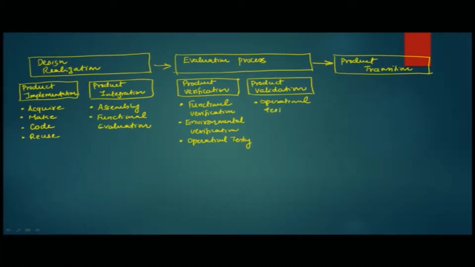Why do we need two operational testings? The difference is this: in the product verification, the operational testing is in the integration and test environment, whereas this is testing in the mission environment.